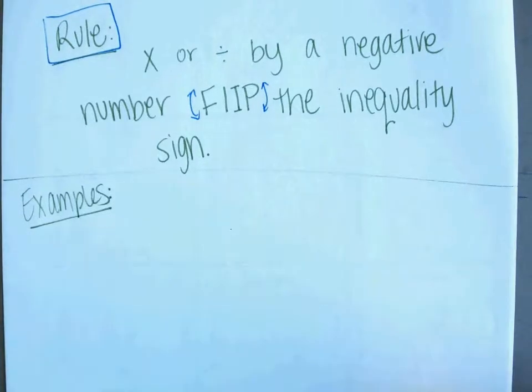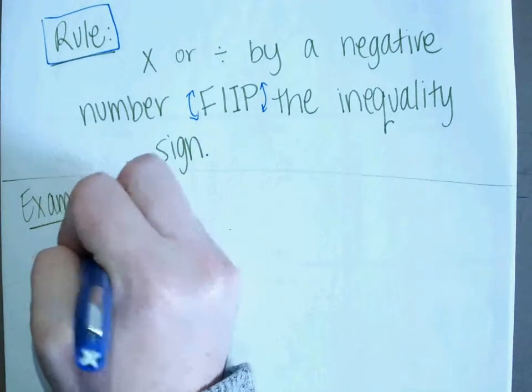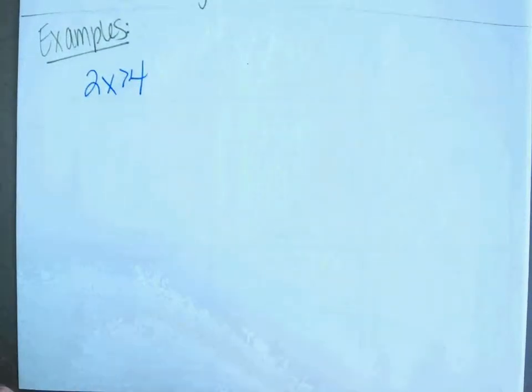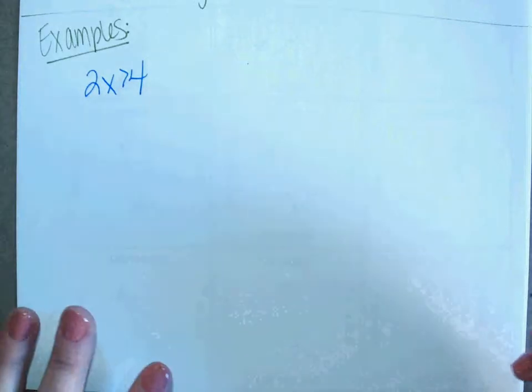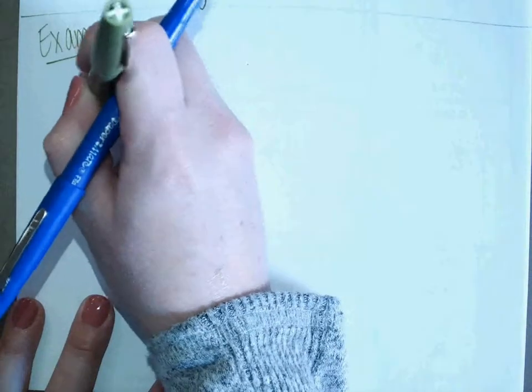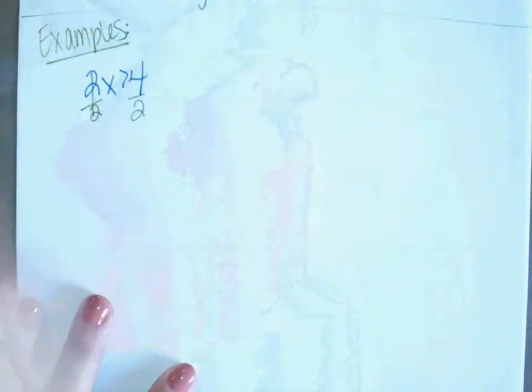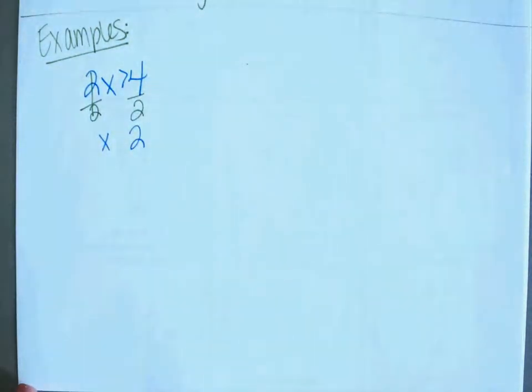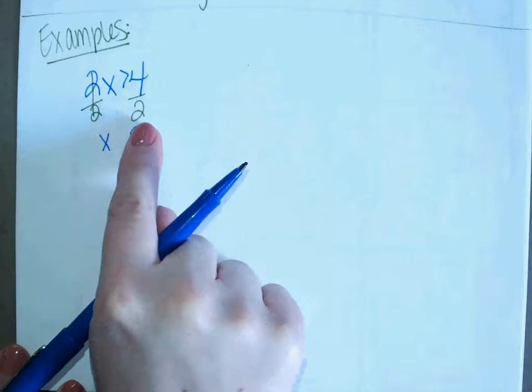All right, so our first example is 2x is greater than 4. How do you solve for x? x is something of 2. Did you multiply or divide by a negative?